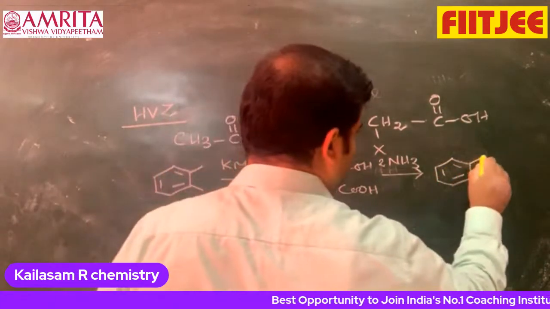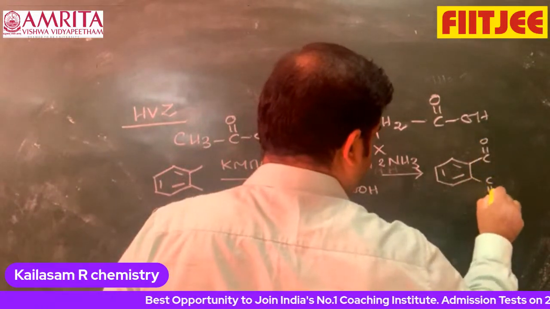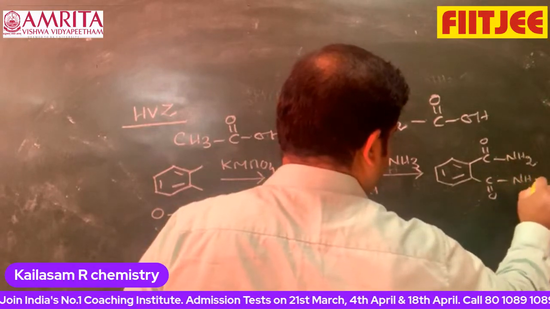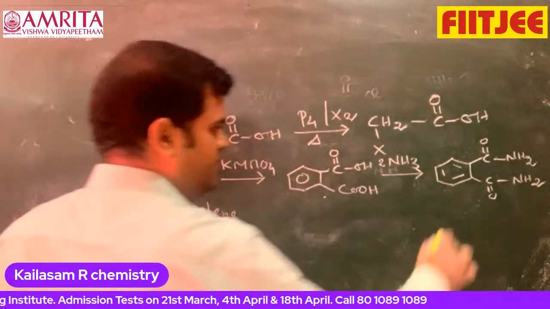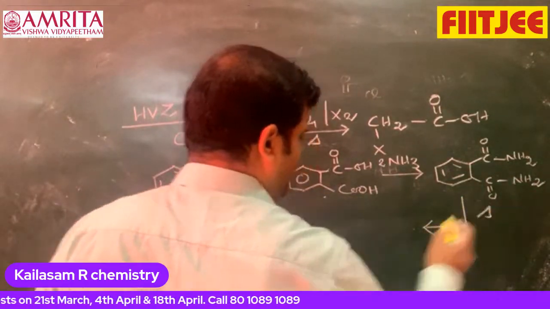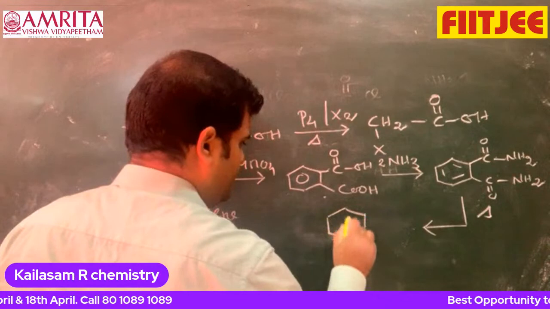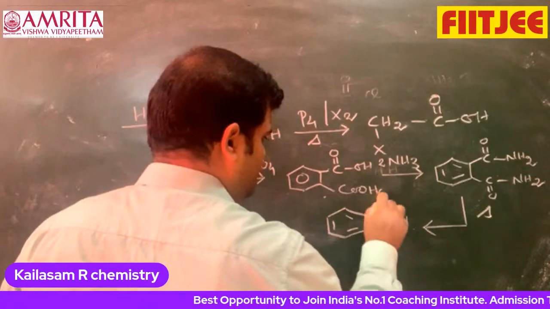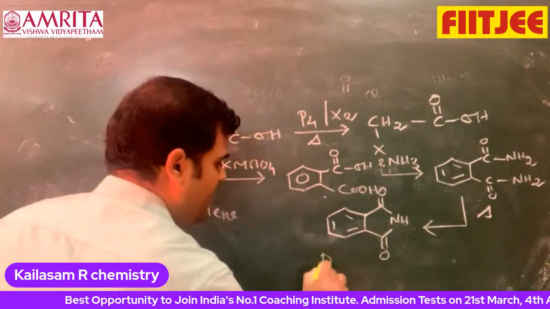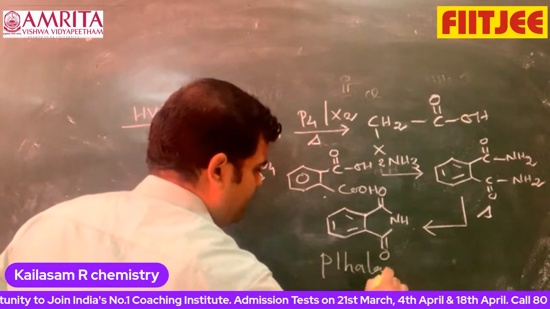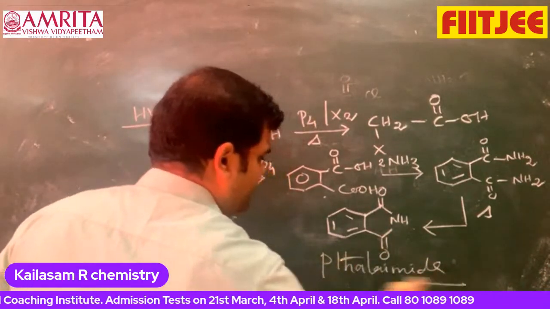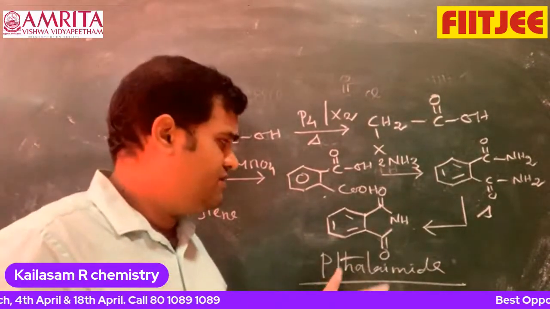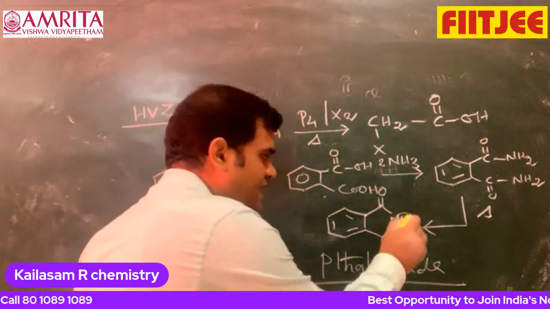What is going to produce is C double bond O, C double bond O NH2, NH2, called phthalamide. Again, with strong heating, we are going to get NH double bond O, double bond, called phthalimide. Phthalimide is of acidic nature. Why? This proton is highly acidic in nature.